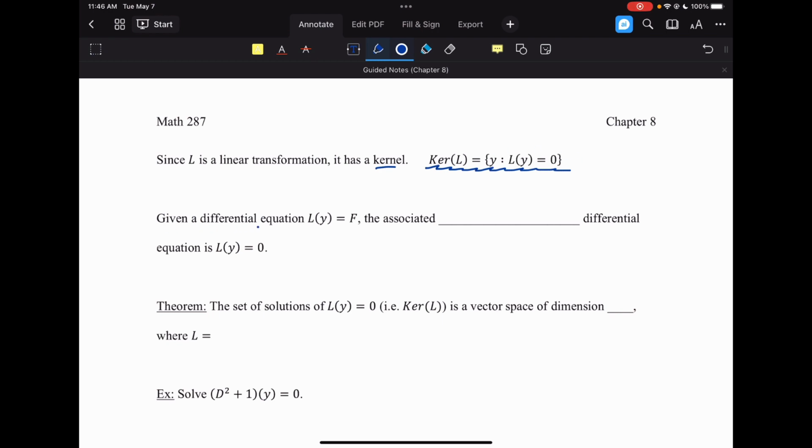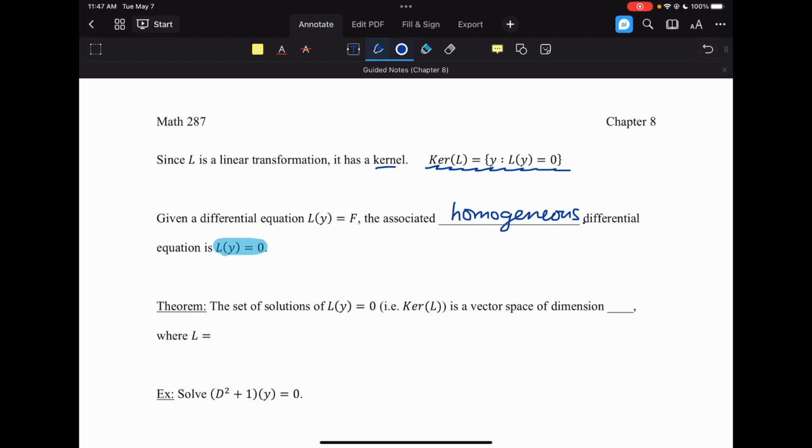So given a differential equation, L of y equals f, the associated homogeneous differential equation is L of y equals 0. So we're not at this moment looking at the general solution where it's equal to a function f.